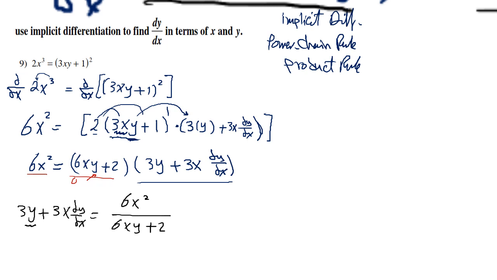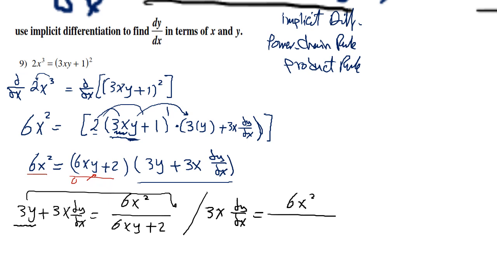The positive 3y moves to the other side as negative. So, sorry, let's write it: 3x dy/dx is equal to 6x^2 over 6xy + 2, minus 3y.